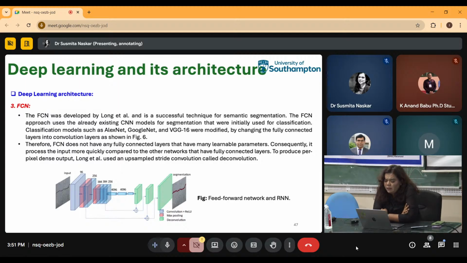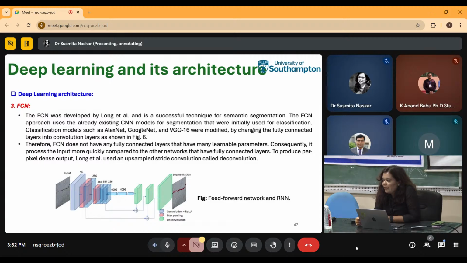So there are a lot of advantages of FCN, and definitely a lot of applications as well. The main advantage, as we said, is speed and efficiency, because without fully connected layers, FCNs can process the input more efficiently compared to CNNs and other neural networks. Another is dense prediction: instead of producing a single class label for the whole image, FCN produces a map of classifications per pixel.